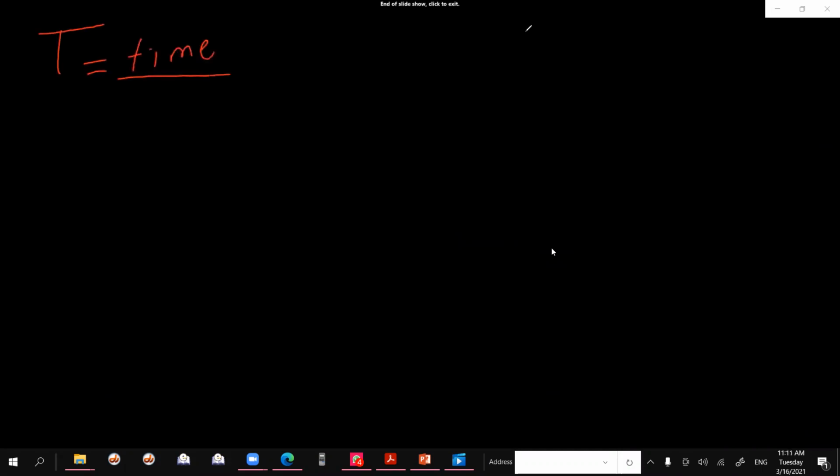So the first term is the period, T, time over the cycle. This is the first term that you may know for the angular motion.